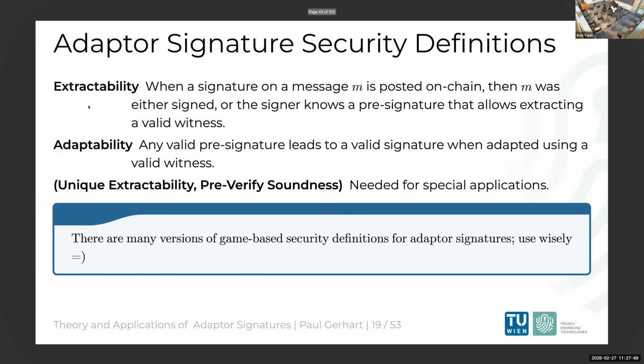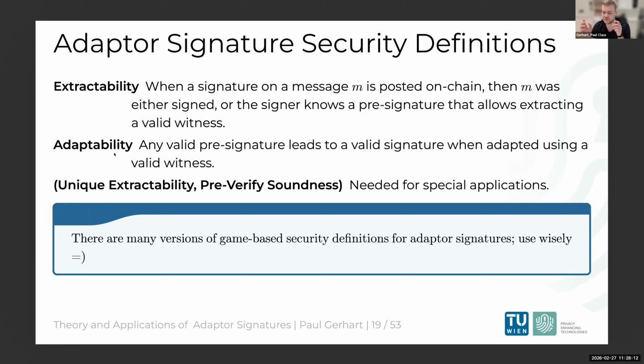Paul, can you give an example of a special application? Yeah, for example, in the coin mixing case, which I have some extra slides on, you have a proof based on a one-more assumption, which means every pre-signature should just reveal one single witness.